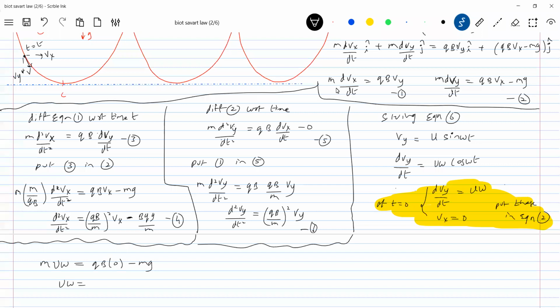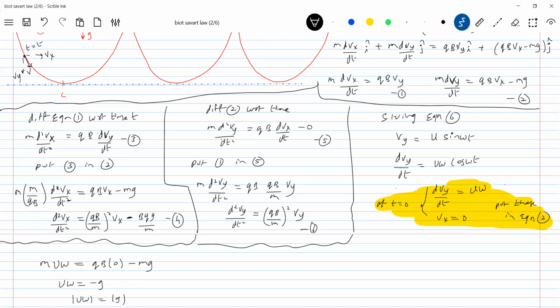So u omega is equal to g. That negative sign I said earlier, minus j if you take it, will come. So it's only magnitude, you just bother about the magnitude.